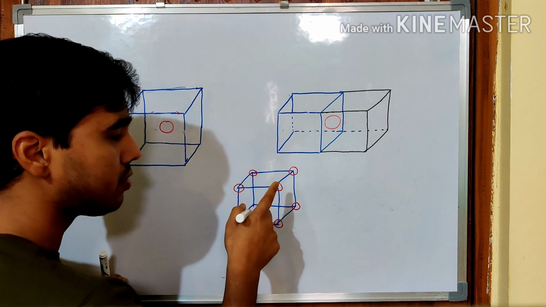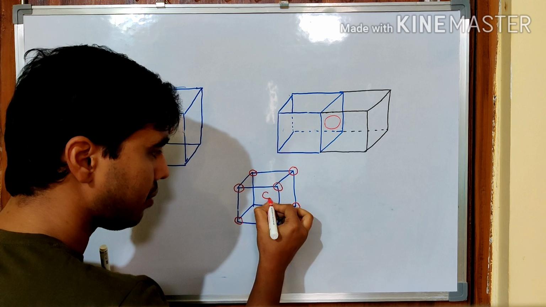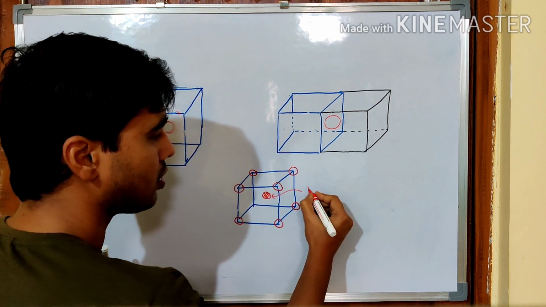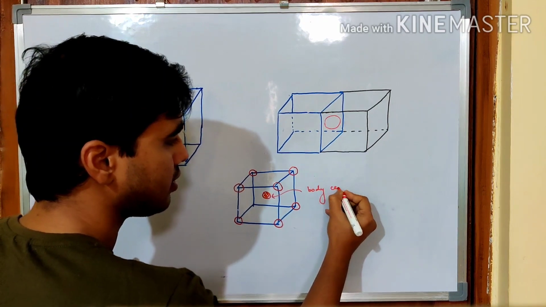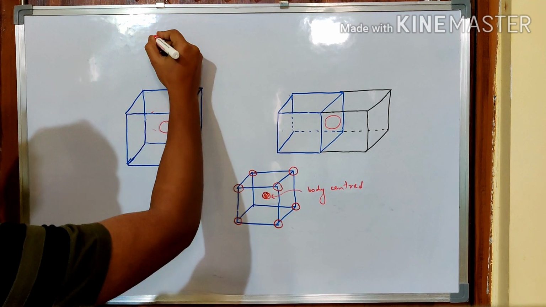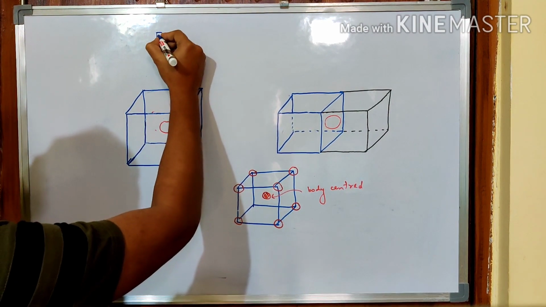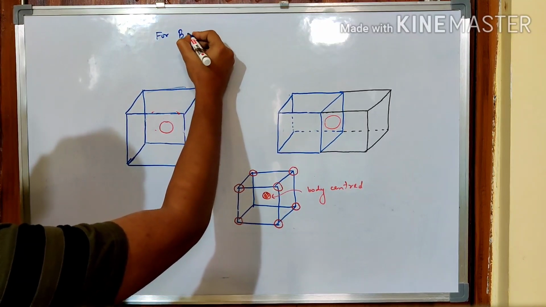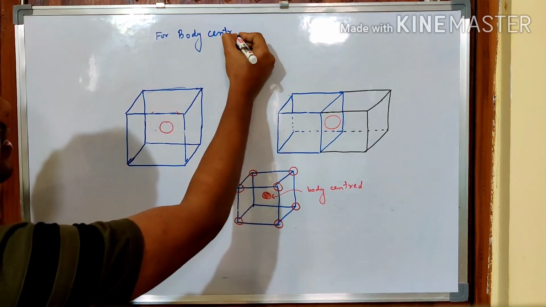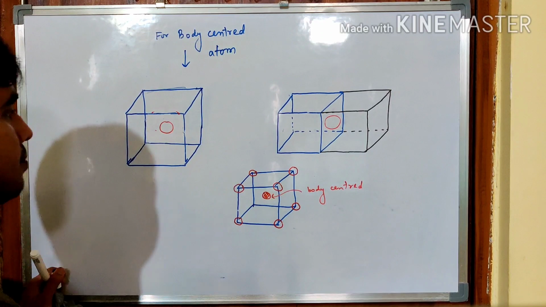So for corner atoms, the situation already we have seen, and there will be one extra atom here inside, this one, and this one was called the body centered. Same thing I have drawn here. So the topic should be for body centered atom. So here it is.